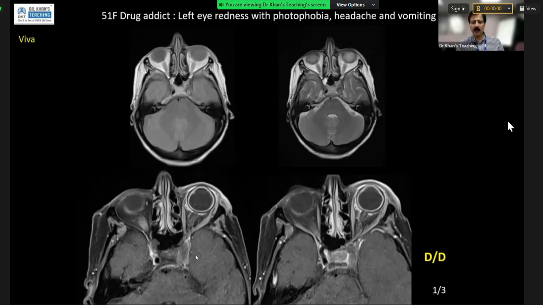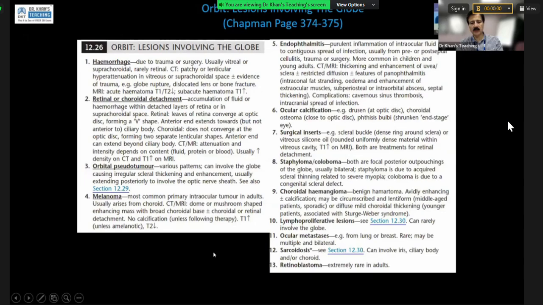Panophthalmitis, and the infection has gone into the cavernous sinus, of course, through the venous system. And then there is sinus thrombosis. Because it was infective, it will infect the wall of the carotid artery. And then there will be carotid artery thrombosis. So this is a classical exam case in which, because of infection, everything has gone.